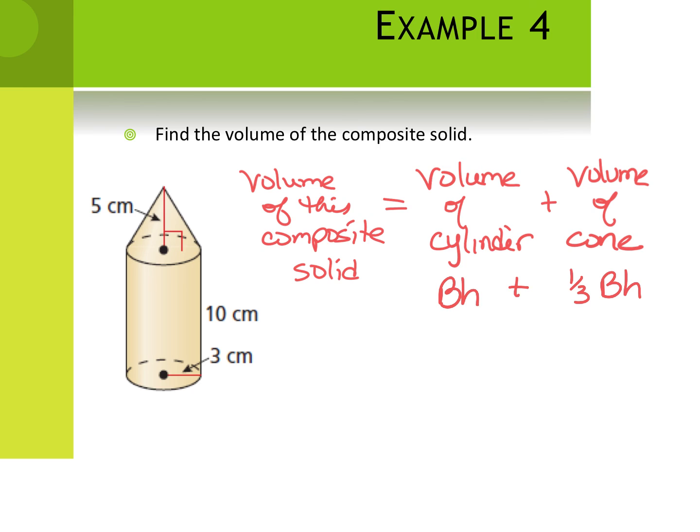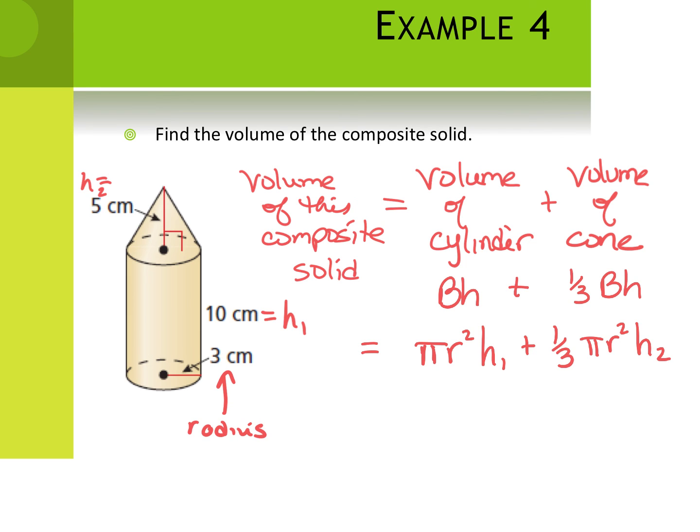So the formula for volume of the cylinder is pi times radius squared, and I'm going to call this height of the cylinder my H1, just so I know the difference between the two H's. And then for the cone, same thing, it's a circle base, and I'm going to call this height number 2, and that's the 5 up here. The radius is this 3, and it's the same for both.